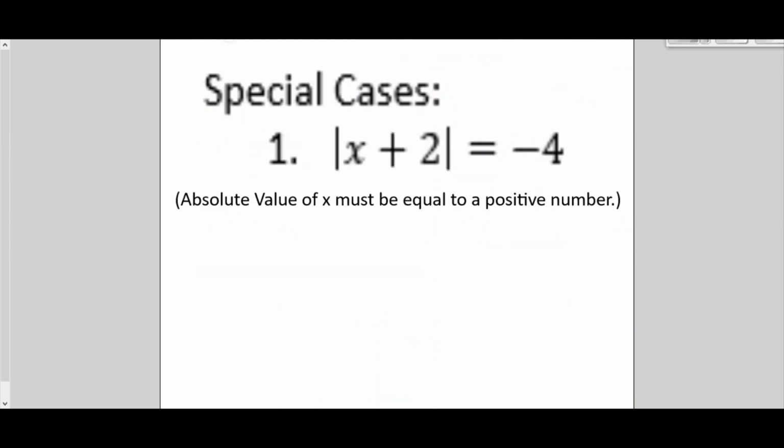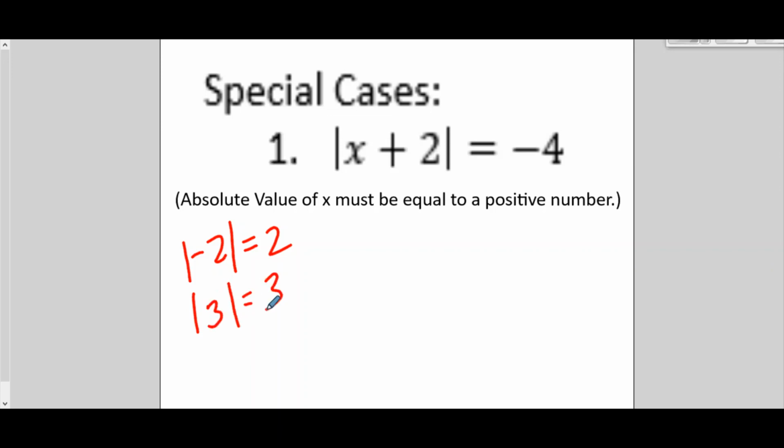So I have one special case that I want to go over with you, and that's this one. So absolute value of x plus 2 equals -4. Remember, absolute value always has to give you a positive number. Remember, we talked about at the very beginning, absolute value of -2 gives you positive 2. The absolute value of a positive number, let's say 3, gives you a positive number.